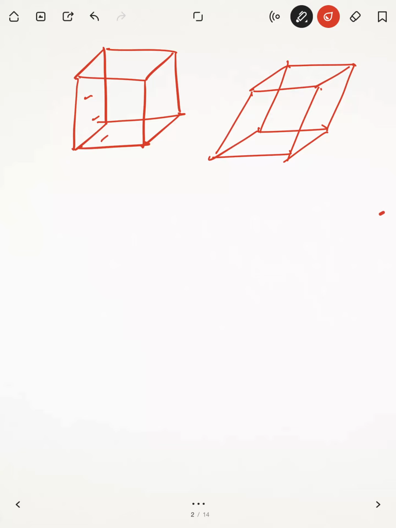Edge lines are the same, that is A is equal to B is equal to C. Here no angle is 90, but all angles are equal, that is alpha is equal to beta is equal to gamma, but they are not equal to 90.